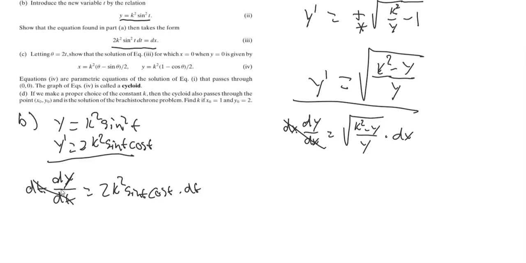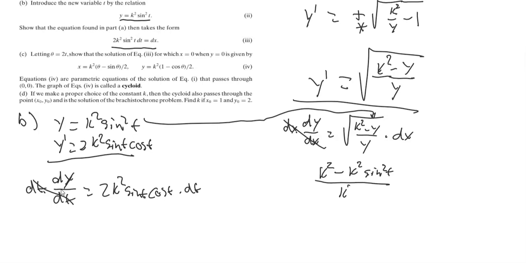Now inside the square root, we're going to plug in this y here, because we're going to prove that they're equal. So you're left with k squared minus k squared sine squared of t, over k squared sine squared of t.